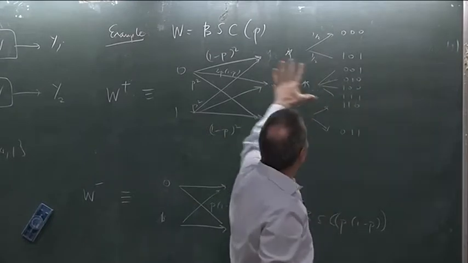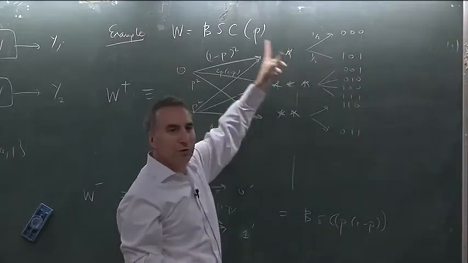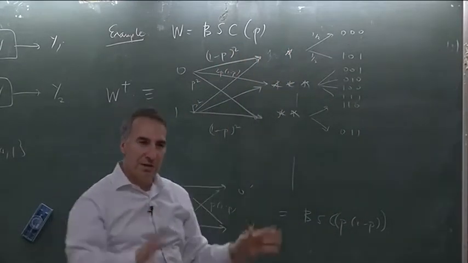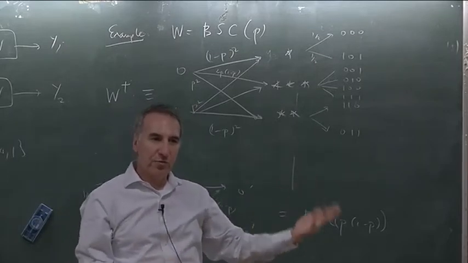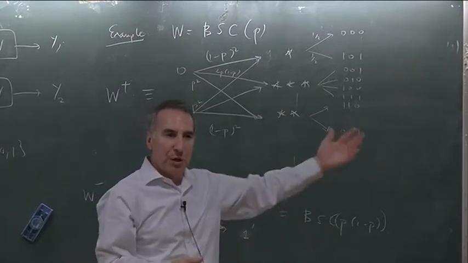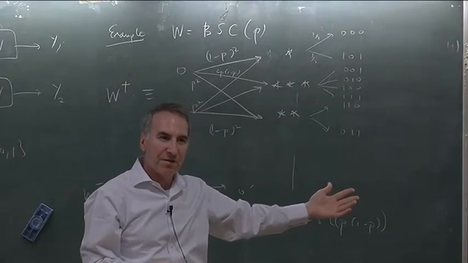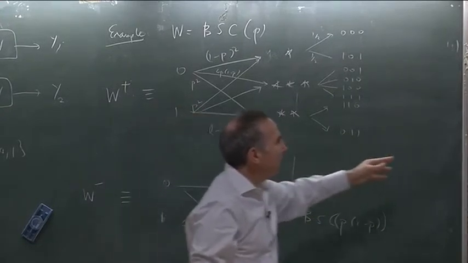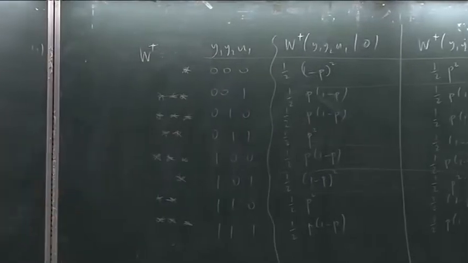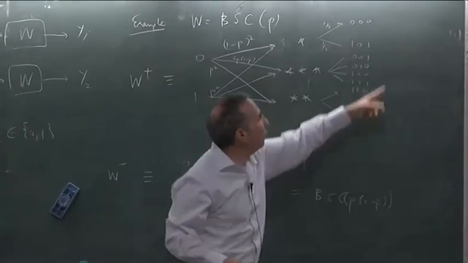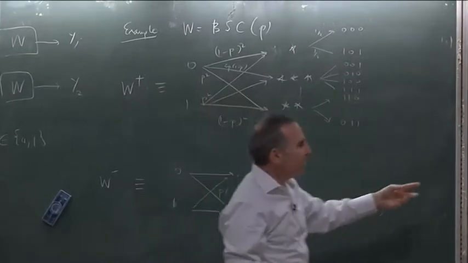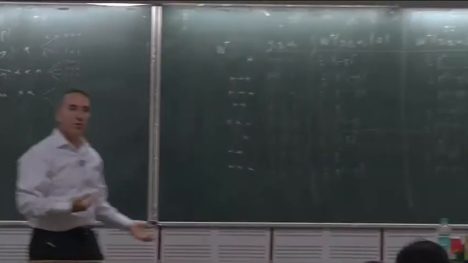So you see that with this channel with the three outputs, the star, double star, and triple star, I can simulate your original channel. I can simulate W plus with the smaller channel, because this overall channel has the same statistics as the one there.